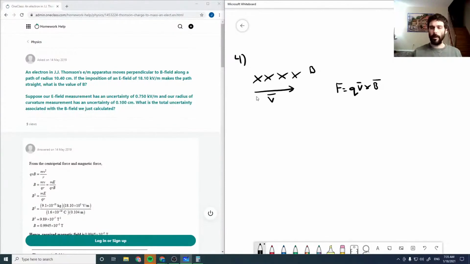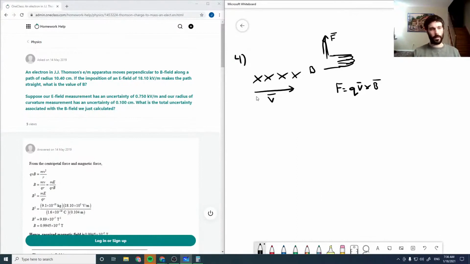And remember, for our right-hand rule, we have to put our fingers in the direction of positive current flow or positive direction, or we just need to invert it. So if we put our fingers in the direction of the velocity, our palm in the direction of the B field, then our thumb is pointing in our force direction.